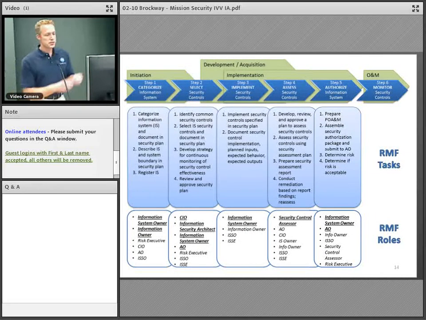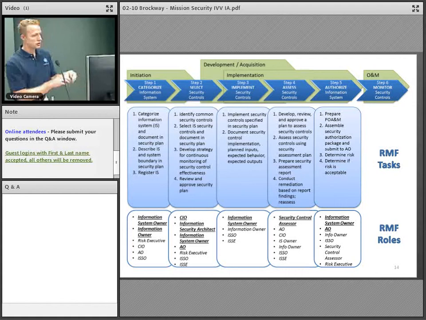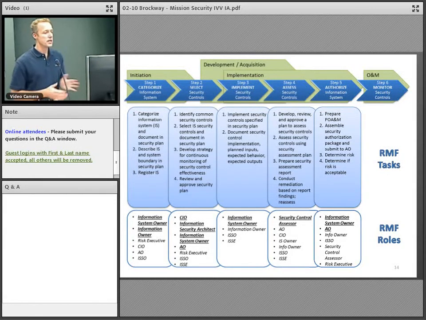So this is that wheel stretched out across the top and overlaid against the acquisition, a generalized acquisition life cycle. So these are some life cycle dimensions in order to help also depict the risk management framework tasks as well as the roles.